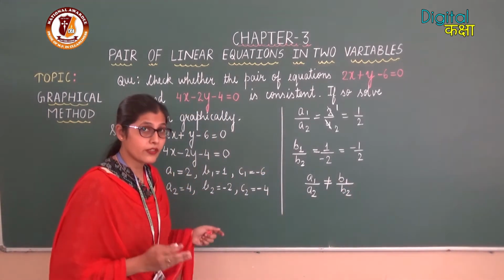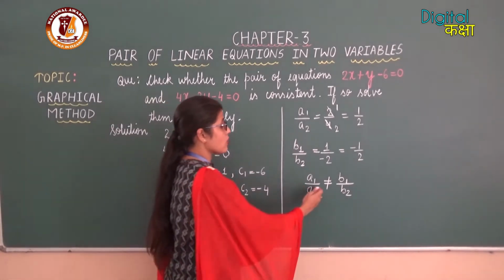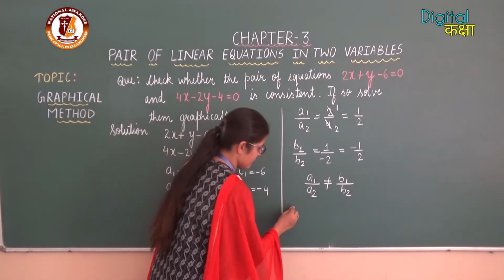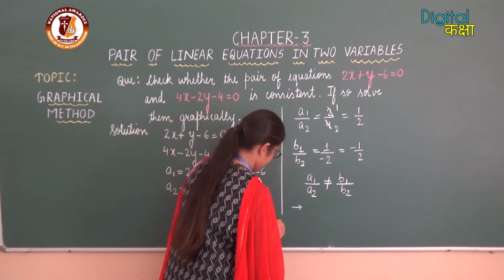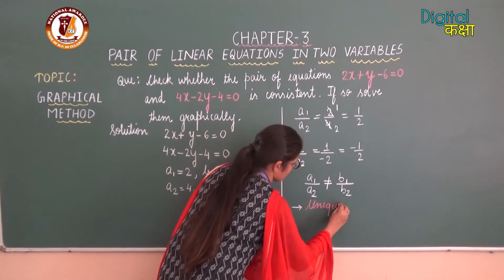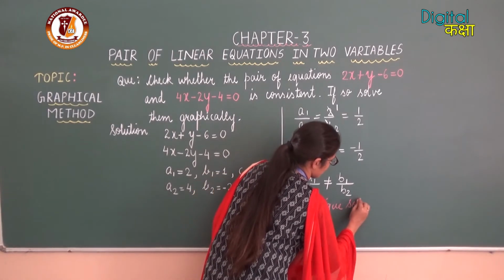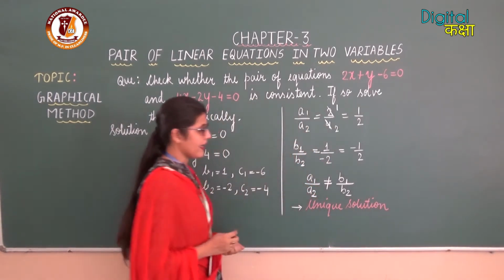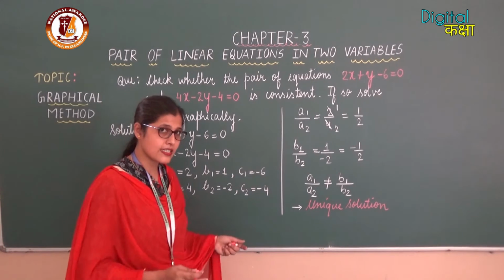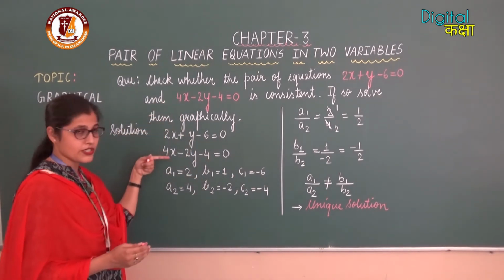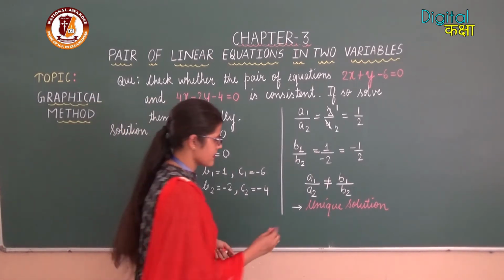So, we have learned it previously, when the ratios are not the same, then you will be getting a unique solution. And if you are getting a unique solution, then the pair of linear equations will be consistent.